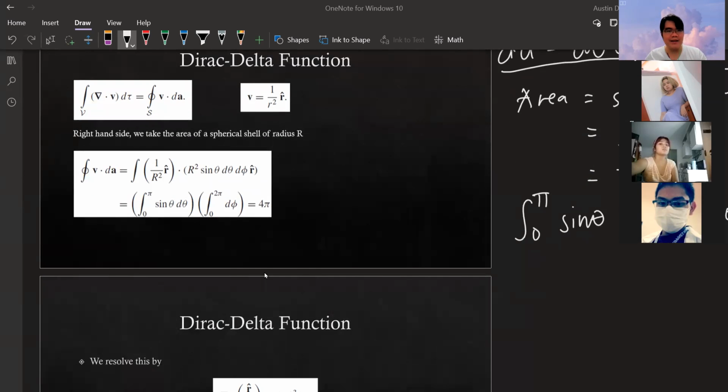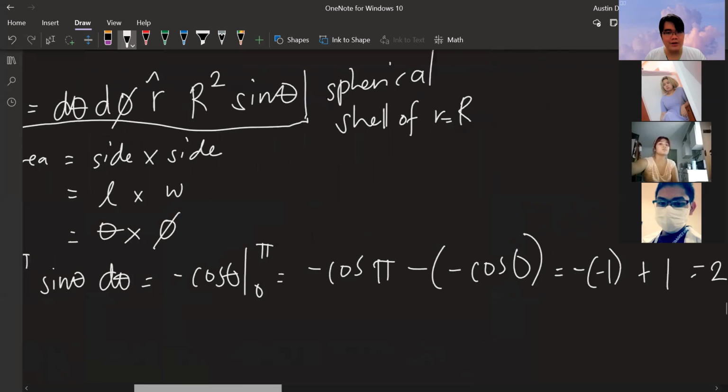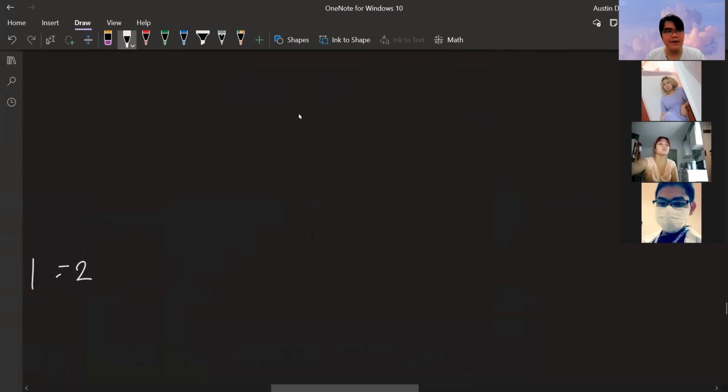Okay, so pakita ko lang yung spherical coordinates natin kung paano ba siya nag-work. Okay? So, we have x, y, and then z.